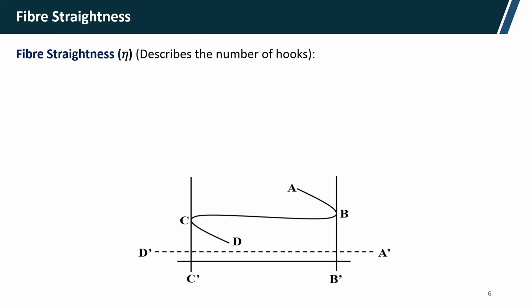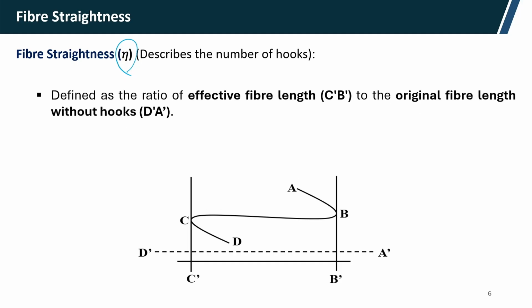So, what is the definition of fiber straightness? The fiber straightness is expressed by this eta and describes the number of hooks. It is defined as the effective fiber length, that is C dash b dash, to the original length without hooks, that is d dash a dash.